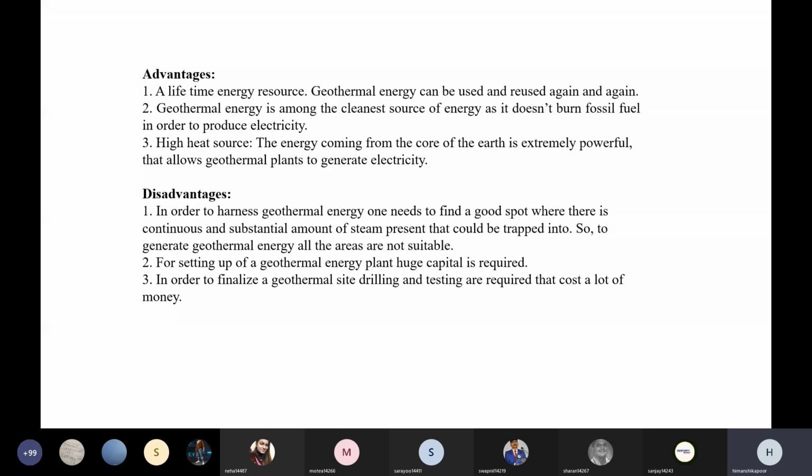You have to find spots where there are natural geysers, and only then can you harness it. You also have to set up power plants, and these require capital. So this is another disadvantage. You have to drill the land, so it will also put pressure on land resources.